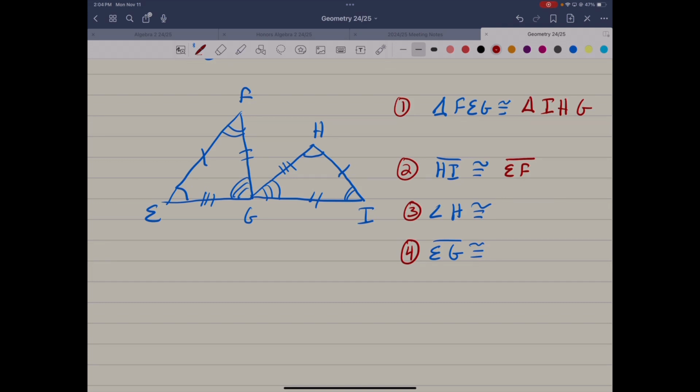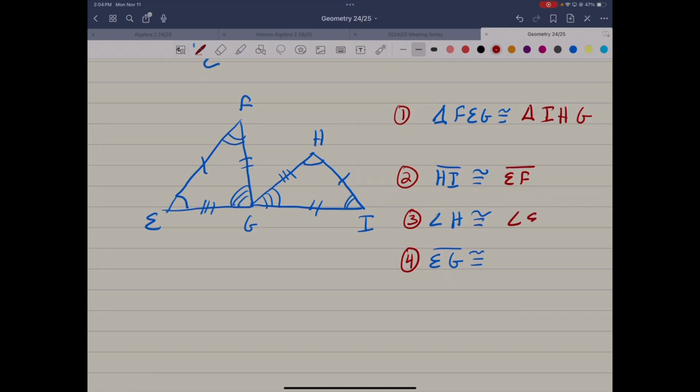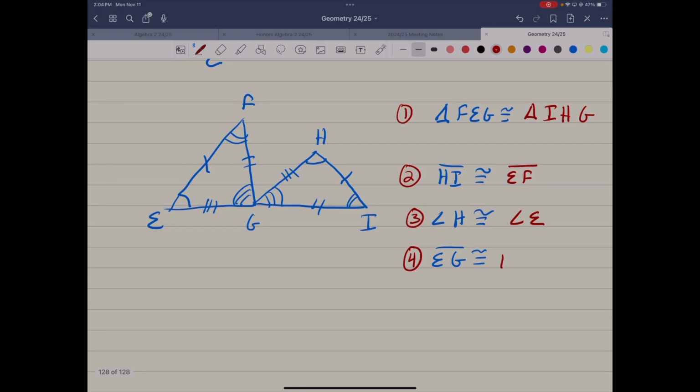EF and FE, it's the same thing. I just like to keep it in the order that they put it there. Since it was second and first, I just went second and first. H and E. So angle H, angle E. And then EG, HG.